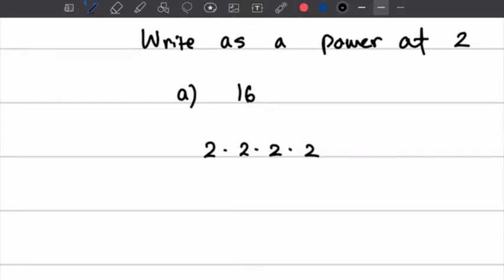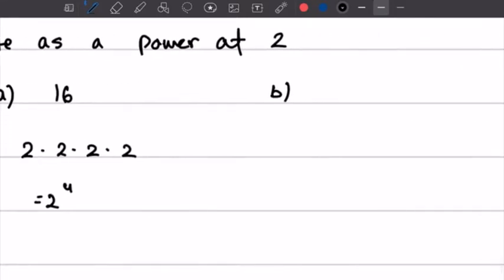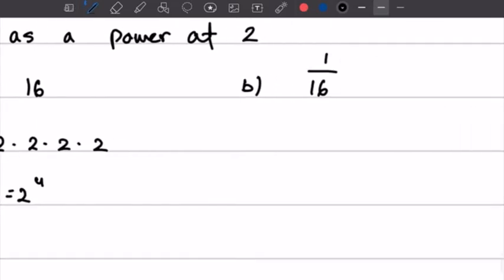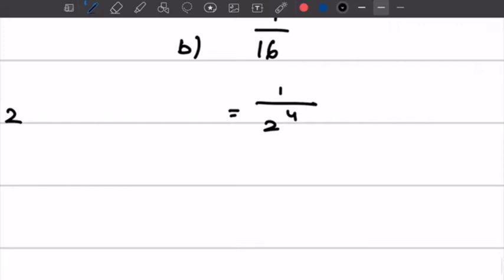Now, what you learned from before is that this is unnecessarily long. You can write this as 2 to the power of 4 because you're multiplying 2 four times. Question B is 1 over 16. Again, same thing. We just did what 16 was. So we can just write 1 over 2 to the power of 4. Now, we don't really want this to be a fraction. It's just a bit tedious.